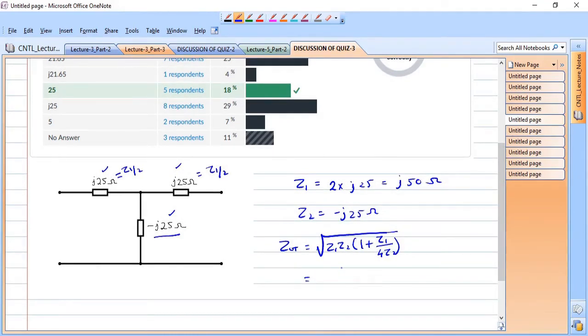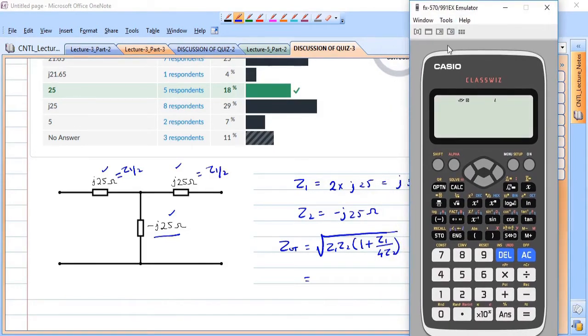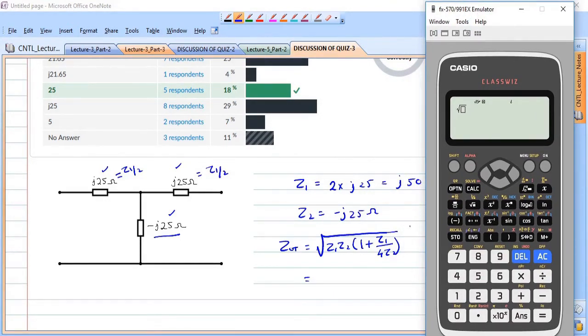So that should be equal to the square root of Z1 is J50 into minus J25 into (1 plus J50 by 4 times minus J25).